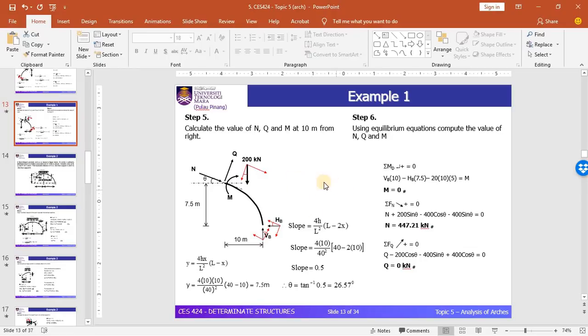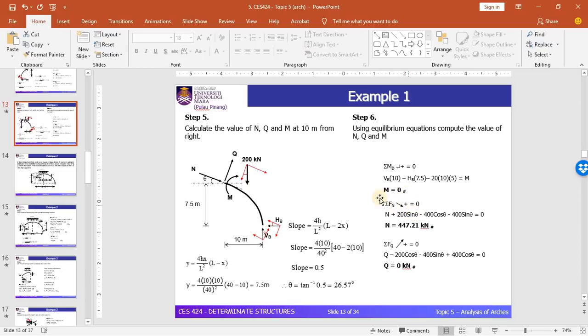By taking moment at this joint at the cut section, you can see that we have VB multiplied by 10, the vertical reaction multiplied by 10, and HB multiplied by 7.5 meters, and the UDL, and the moment is equal to 0.